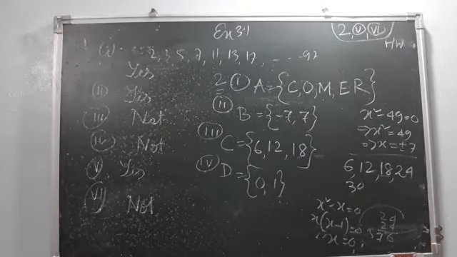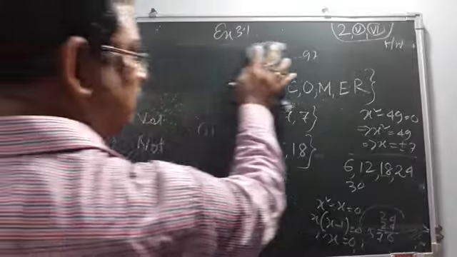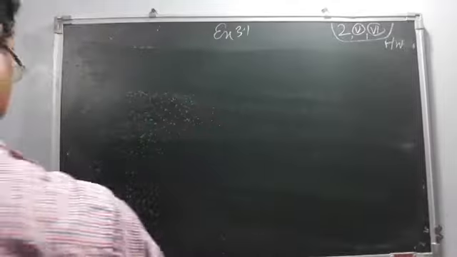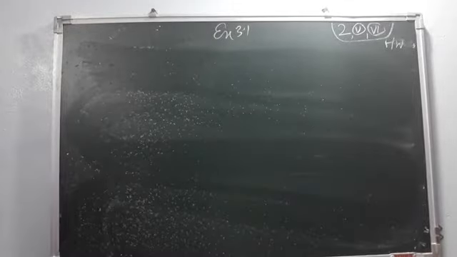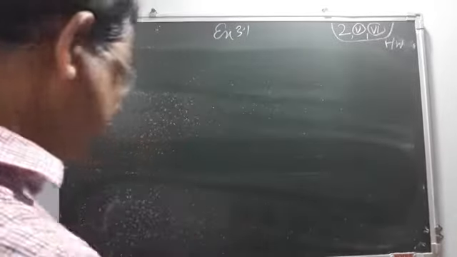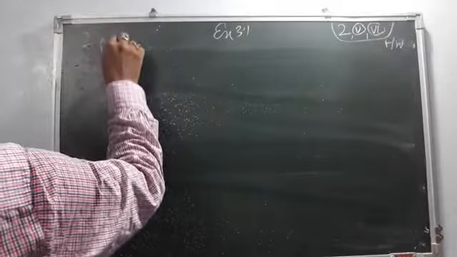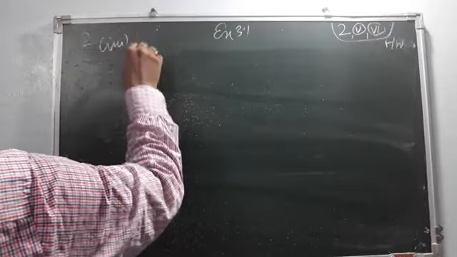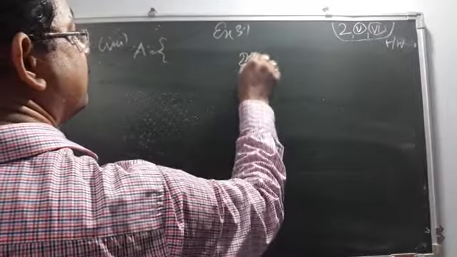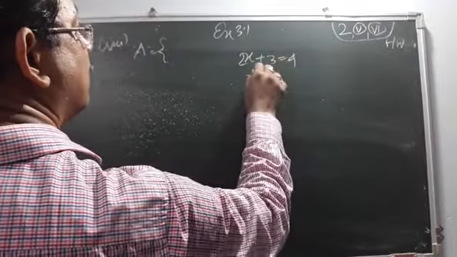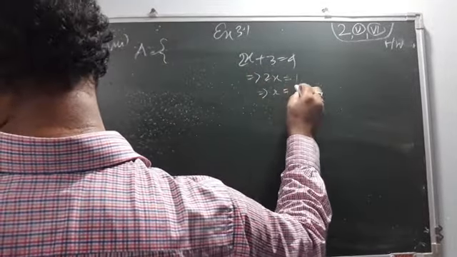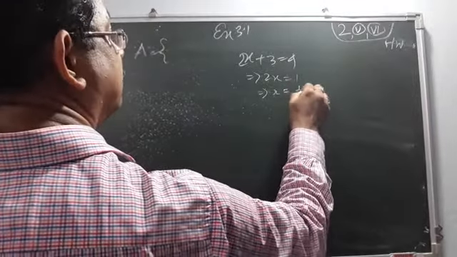Now question number 7. Question number 7 is what? That x is an integer and twice x plus 3 is equal to 4. If I write this, twice x plus 3 is equal to 4, means twice x is 1, that means x is half.